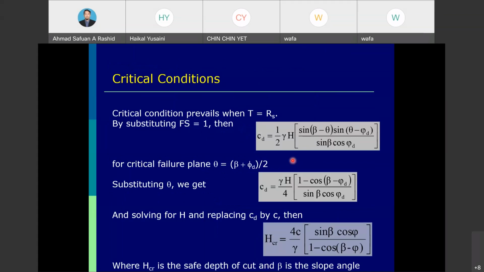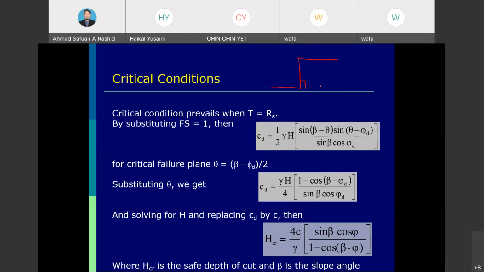For example, this is the top of the slope, this is the slope surface, and this is the toe. This we call a vertical cut, where we make a cut at 90 degrees. So what is the critical cut that we can make?